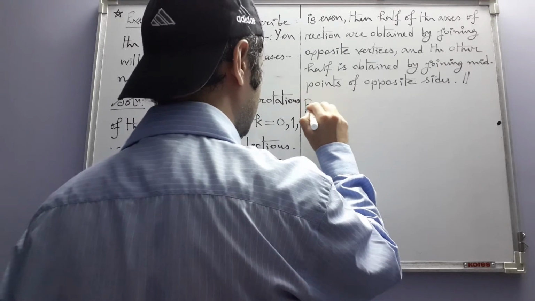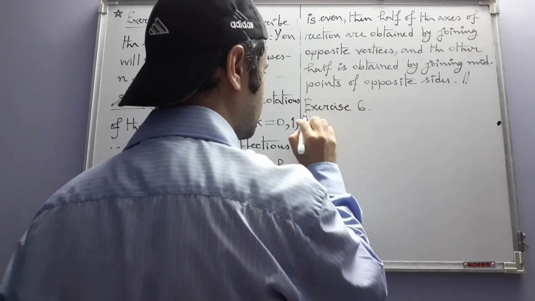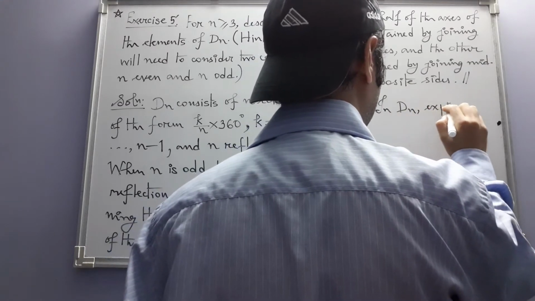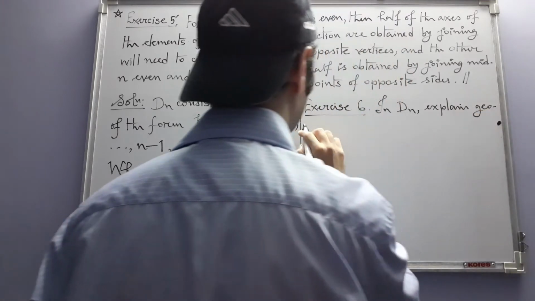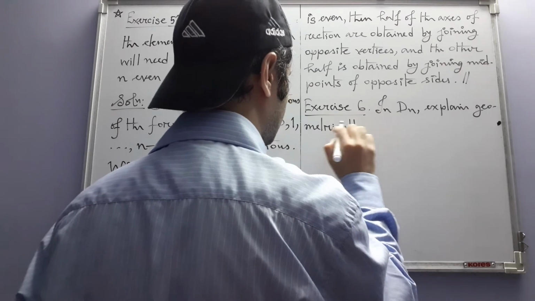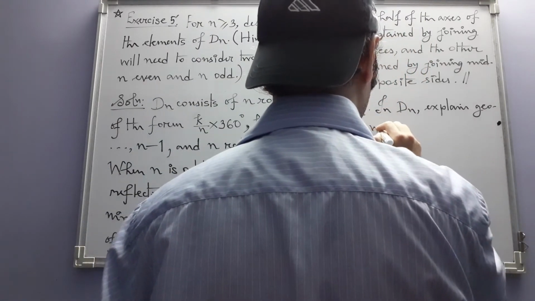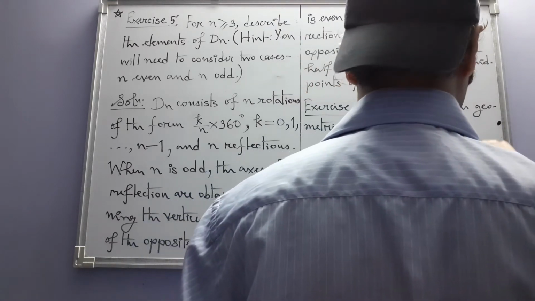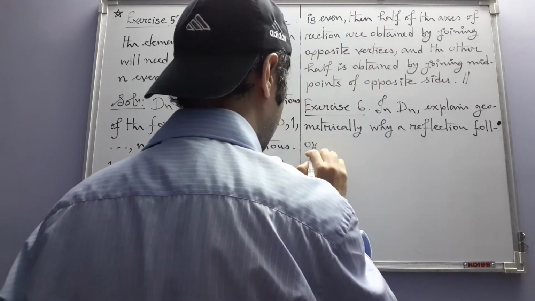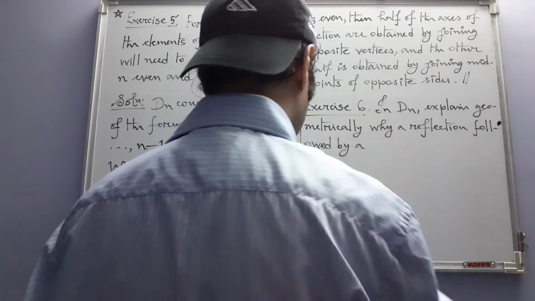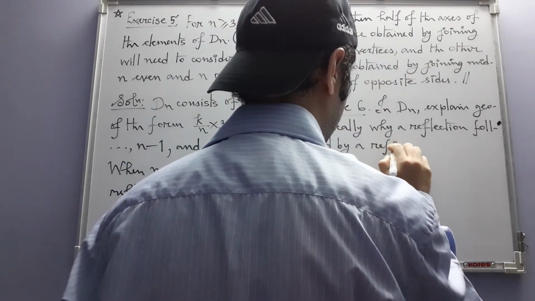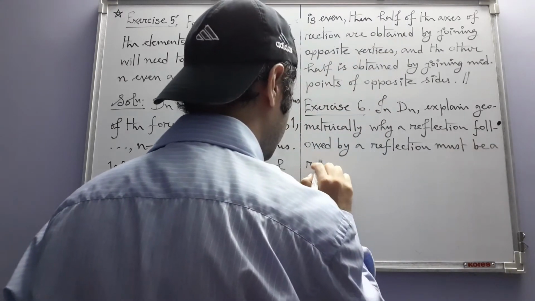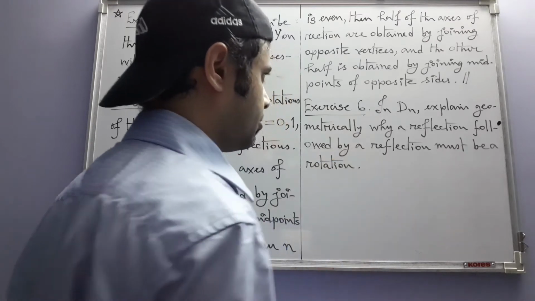Okay, now next, exercise 6. In Dn, explain geometrically why a reflection followed by a reflection must be a rotation.